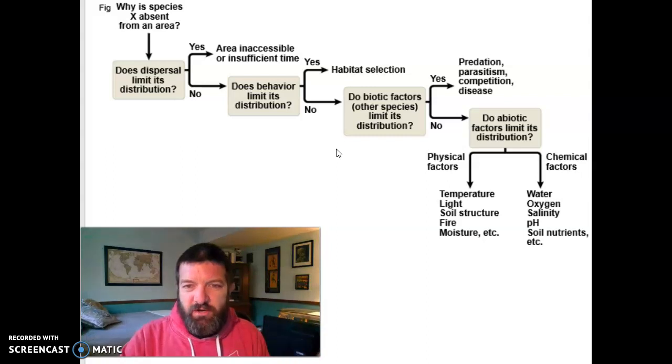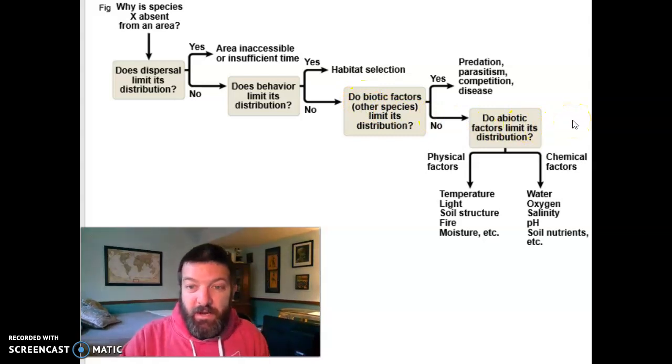Maybe it's a carnivorous hunting bird, some sort of hawk, and there just aren't rats or mice on this island. It doesn't have anything to eat, right? That is a biotic factor that could prevent it from living on that island. Or maybe there are other biotic factors, which could include a predator that eats it up, or a parasite that takes it down, or some sort of disease.